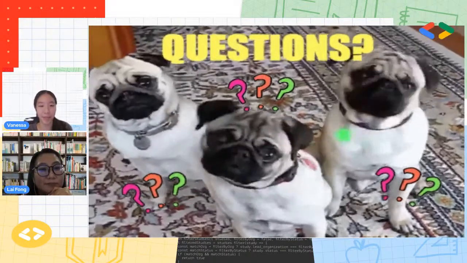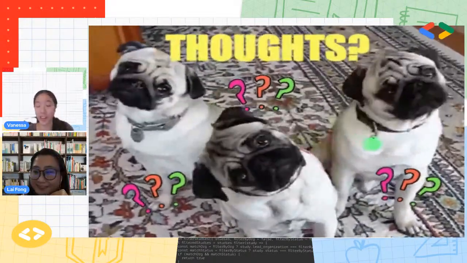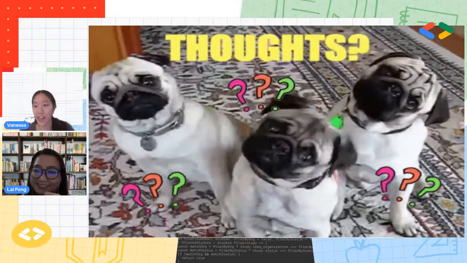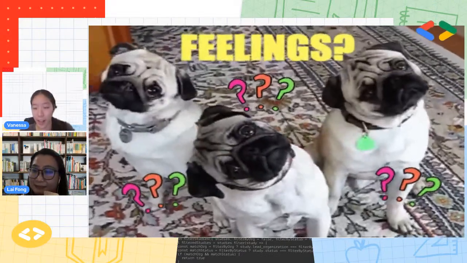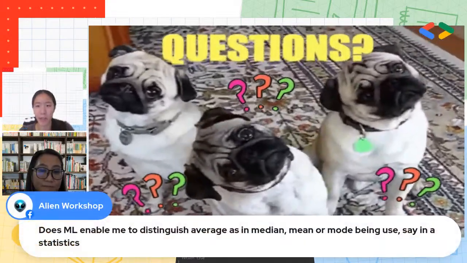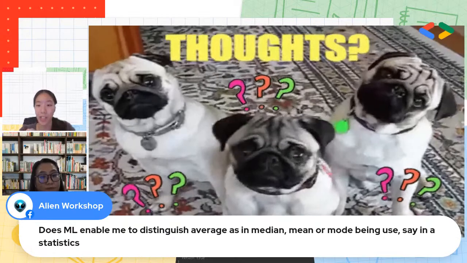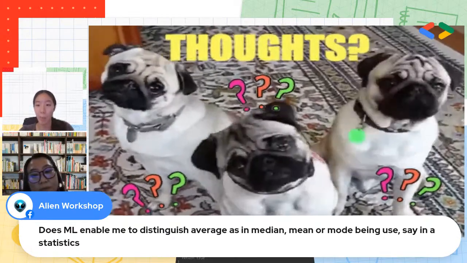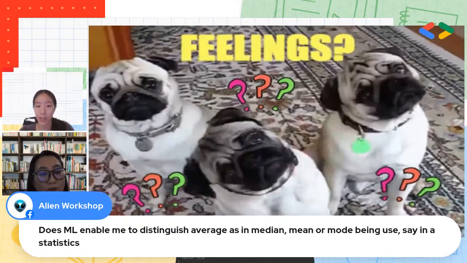Yeah, agree. Thanks, Lai Fong, for the answer to that question. There's a follow-up question by Alien Workshop. He says, does ML enable me to distinguish average, as in median, mean, mode being used in statistics?